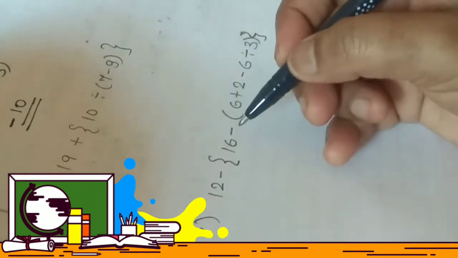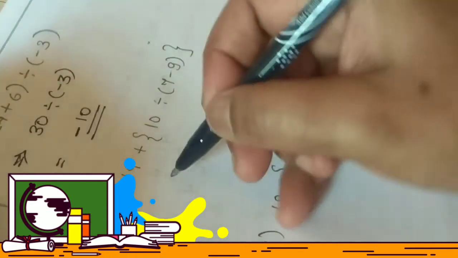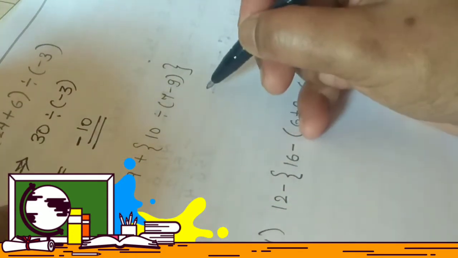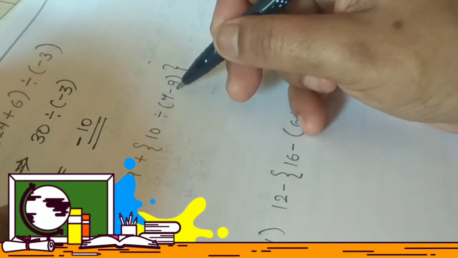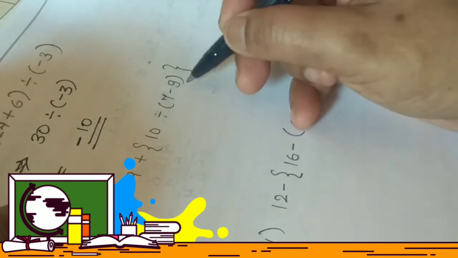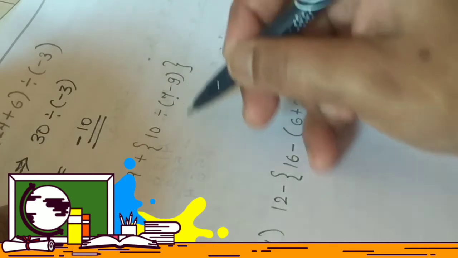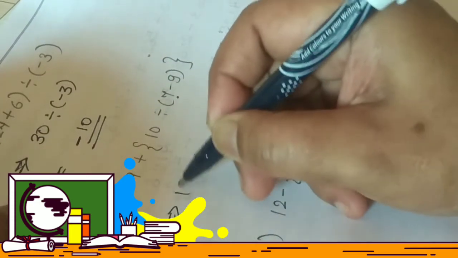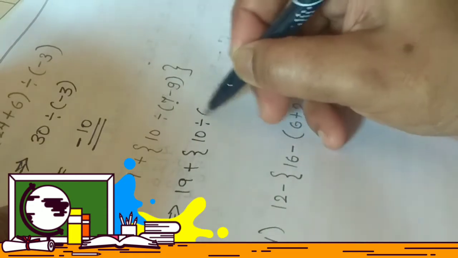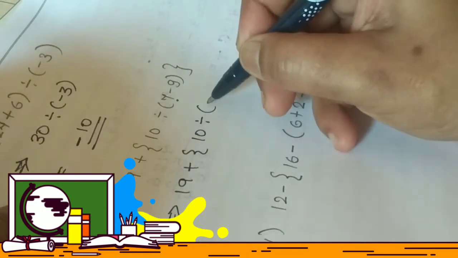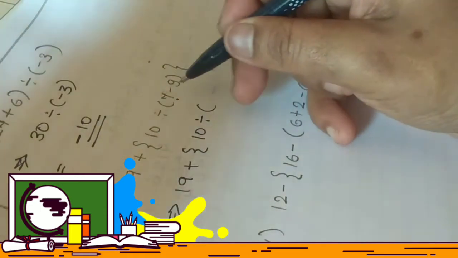Now next question. The curly bracket is given, that means we have to solve the curly bracket. Inside the curly bracket we have a small bracket also, that is 7 minus 9. Write the rest of the numbers as they are: 10 divided by, and here will be 9 minus 7, we will get 2.